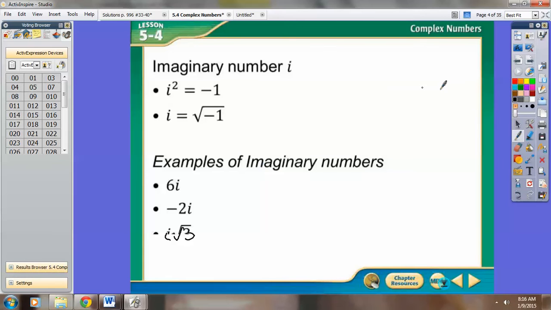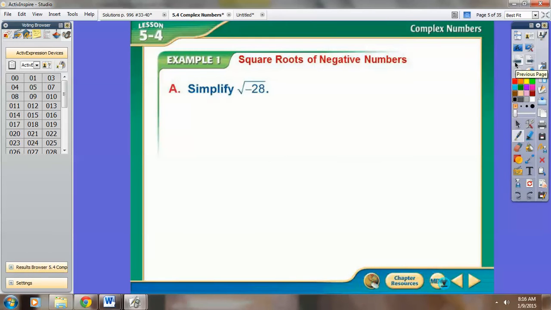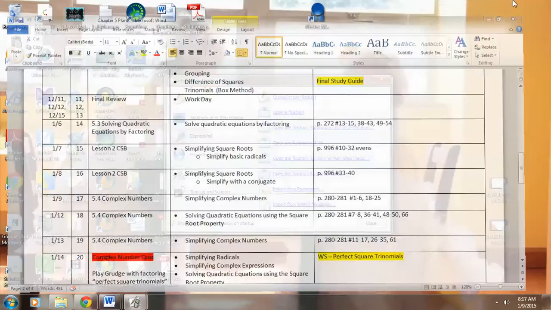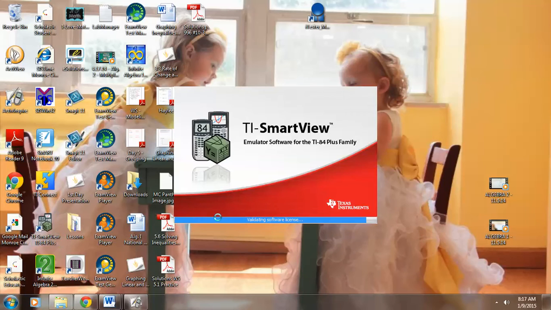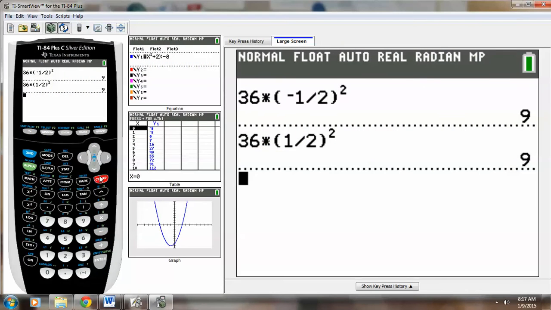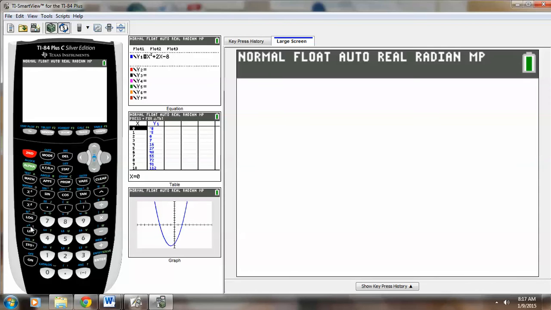So let's simplify some expressions. Here we have the square root of negative 28. I want you on your calculator to take the square root of negative 28.